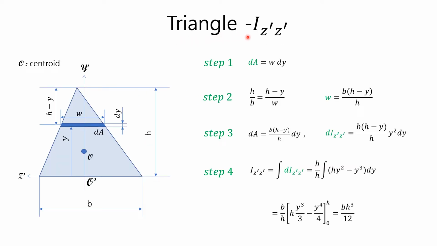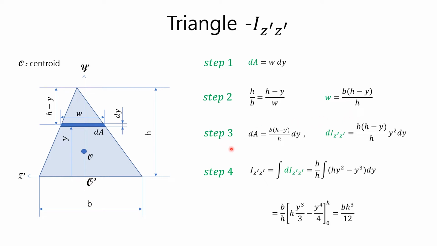Let's calculate the second moment of area for a triangle. As step 1, we calculate the small area dA, which is the horizontal length W multiplied by the width of a strip dy. And step 2, we formulate the equation for W in terms of the known dimensions. By similarity of two triangles, this is a big triangle and this is a small triangle, W can be expressed in this equation.